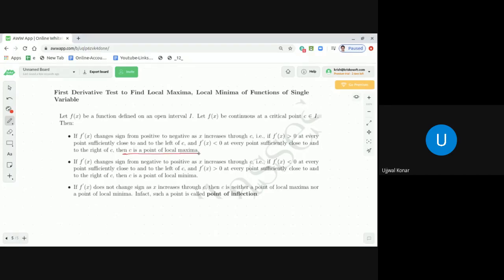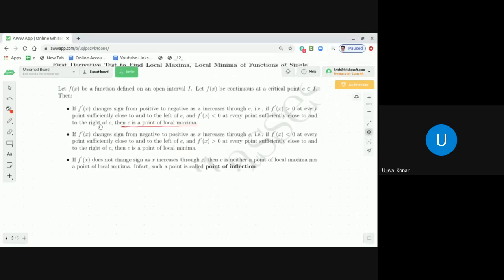That means what? Let me give a graphical representation of this particular thing. Let me draw the graph in a different color.